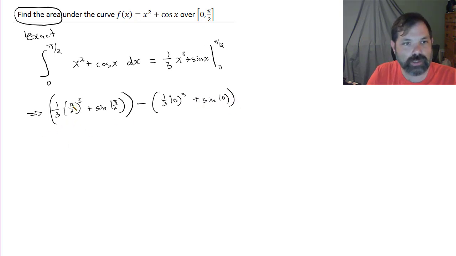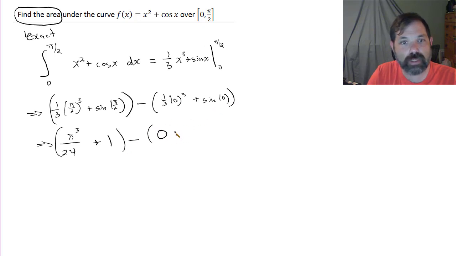All right, so 1/3 of pi over 2 cubed, that's pi cubed over 8 times 3 is 24. The sine of pi over 2 is 1, minus 0 cubed is 0. Sine of 0 is 0. So this area is pi cubed over 24 plus 1.